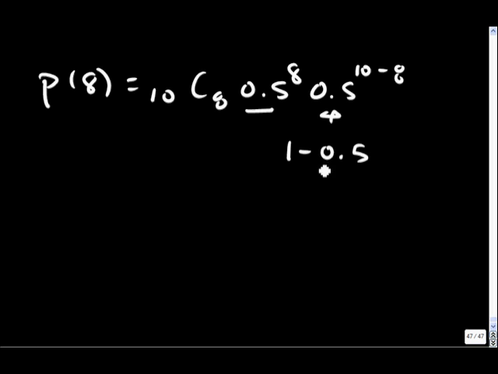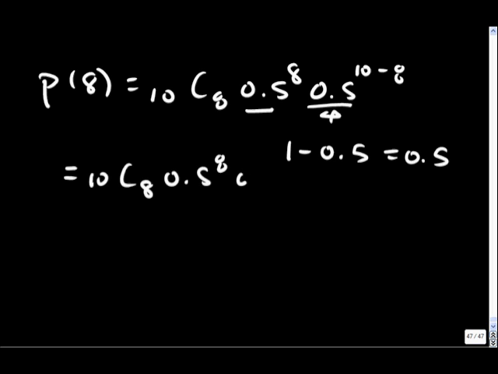This is a probability of guessing incorrect. Notice that 1 minus 0.5 again is 0.5. This will equal 10C8, 0.5 to the 8th power, 0.5 to the 2nd power, which is 10C8, 0.5 to the 10th power.